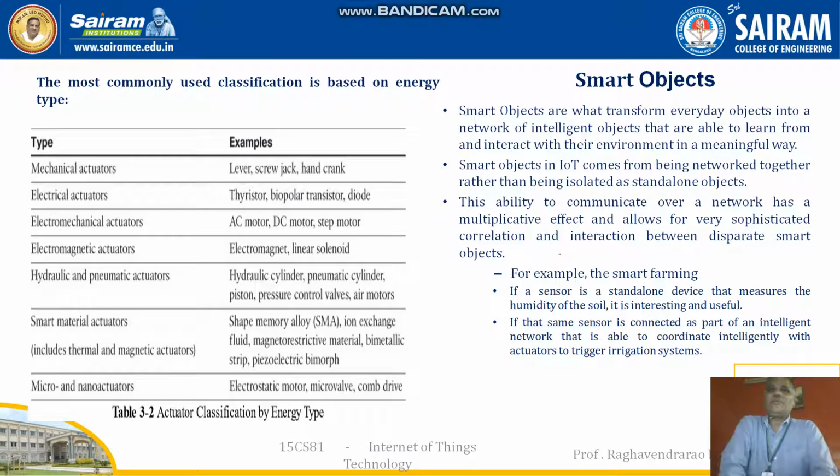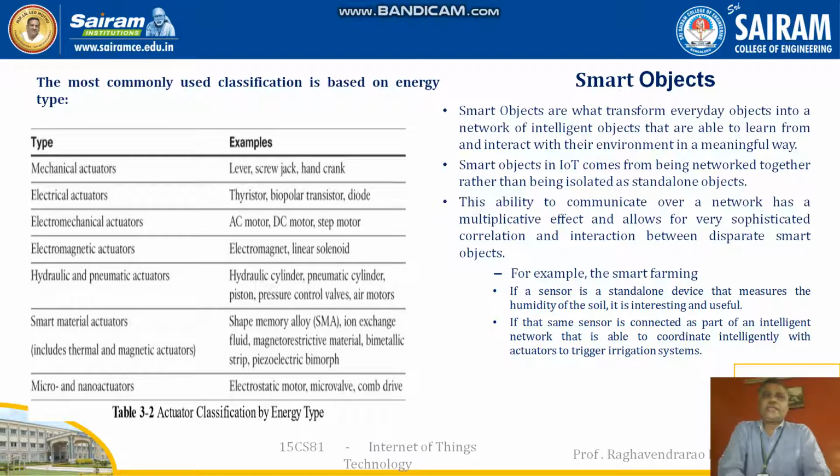The most commonly used classification is based on the energy types. So the actuators are classified based on the energy types. Mechanical actuators are examples for this: lever, screw, jack, hand cranks. And electric actuators: thyristor, bipolar transistors, diodes.